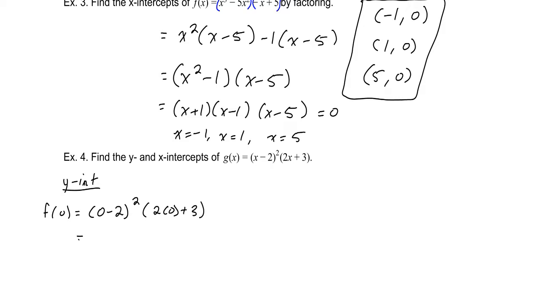Right, that would be negative 2 squared, so positive 4 times 3. That's 12. So our y-intercept is the point 0, 12.